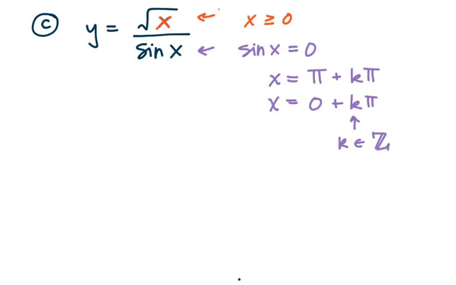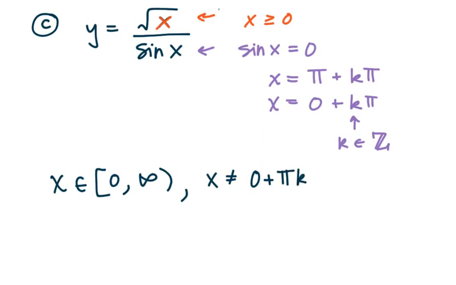So what we know is that x has to be a positive number greater than or equal to 0 plus any pi k integer. And in this situation, integers can be positive and negative, so we need only the positive values. Here I would say x is in the set from 0 to positive infinity, comma, x cannot equal 0 plus pi k, comma, k is an integer greater than 0.